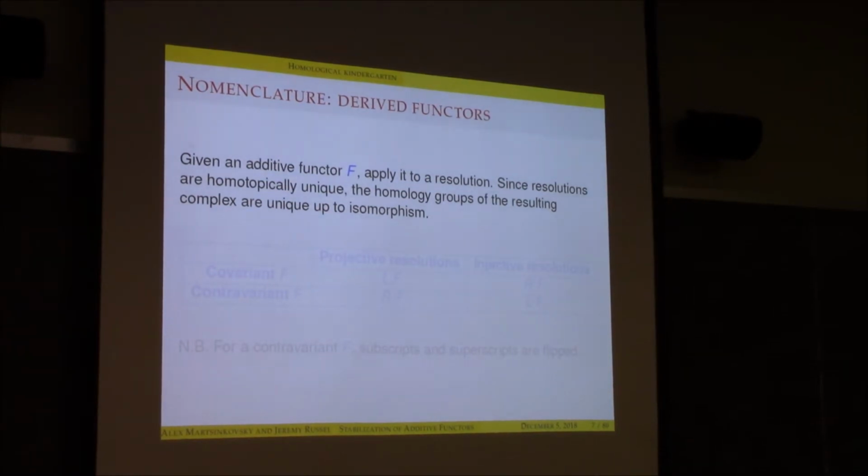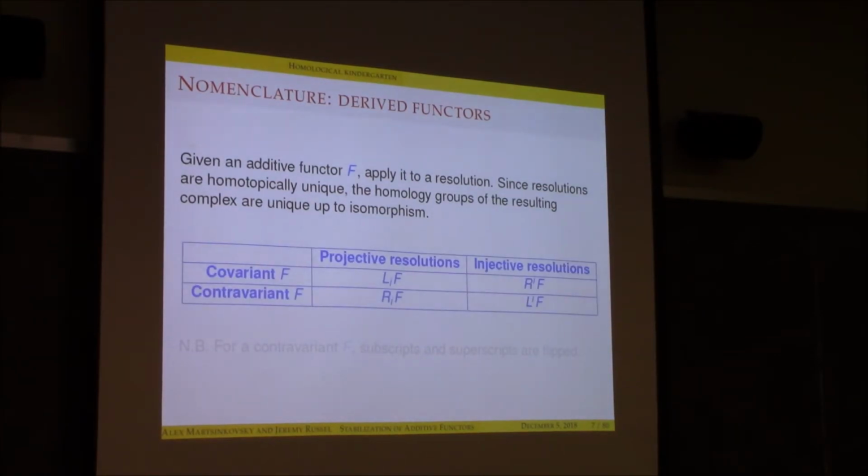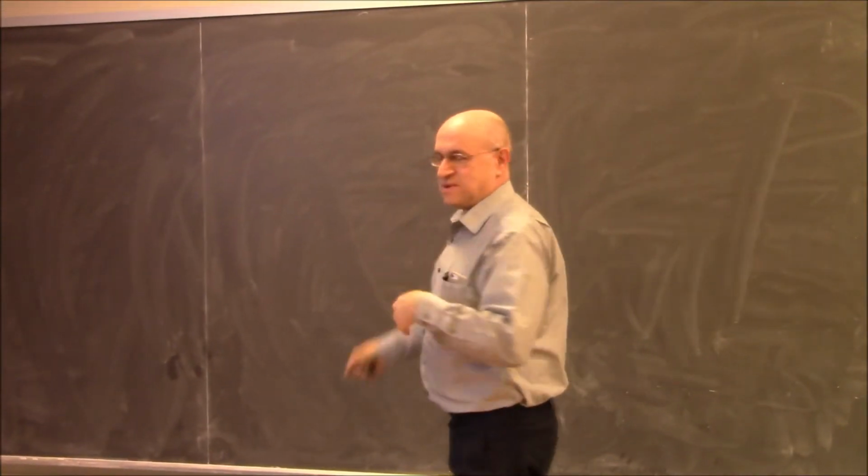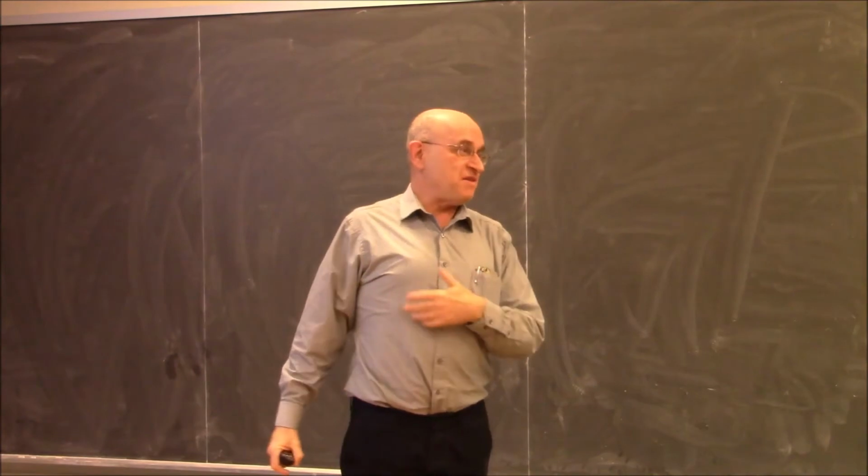Okay, so what are the additive functors? Well, the first paragraph just repeats what I said. And in the end, today's show is brought to you by the letters L and R. Forget about the second line. Let's look at the first line only, where the functor is called derived. If you start with the projective resolution, the homology groups will be called the left derived functors. If you go with the injective resolution, the homology groups are called the right derived functors.